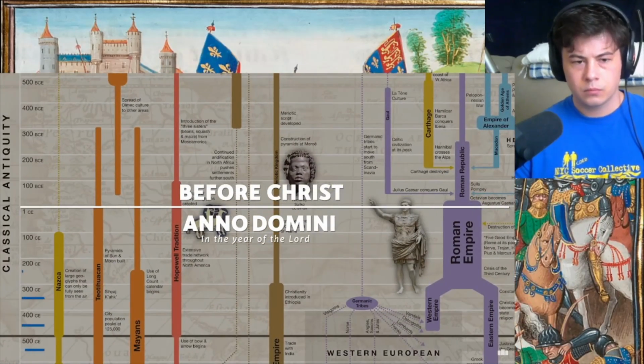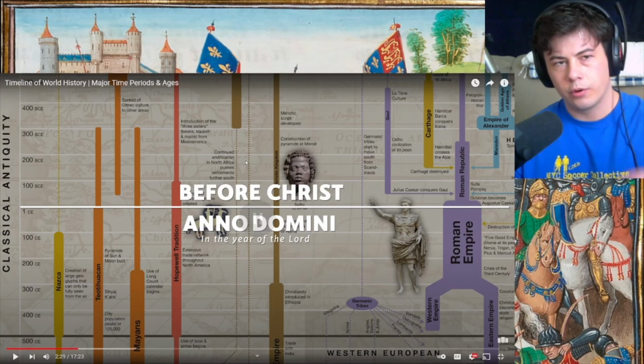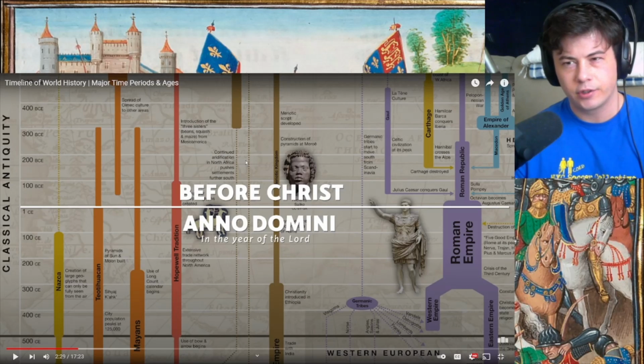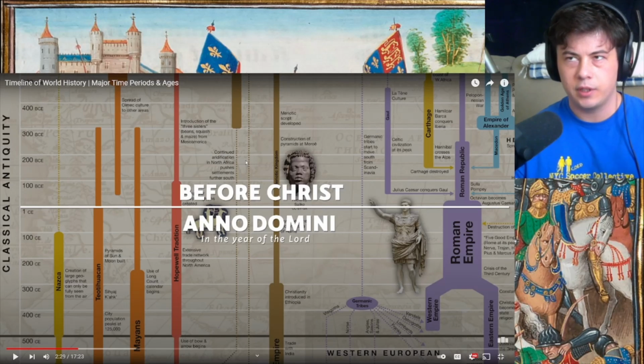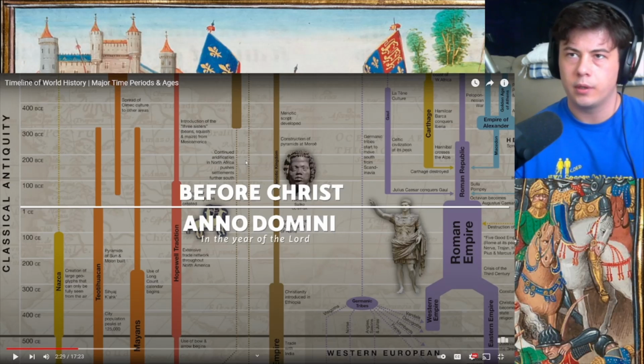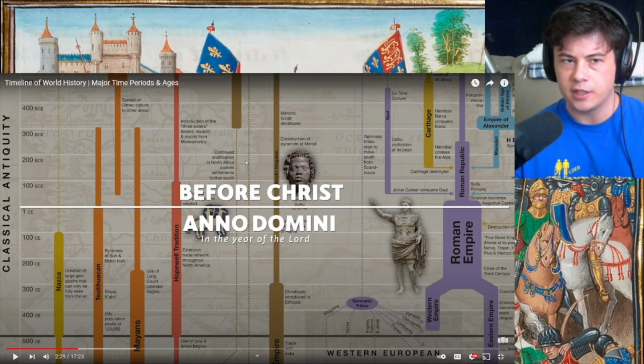So as we move backwards through time, the AD dates go down, but then once we get to BC, the dates start going back up. Like, the 17th century AD is the 1600s. So that means the first century BC would be 99 BC to 1 BC.